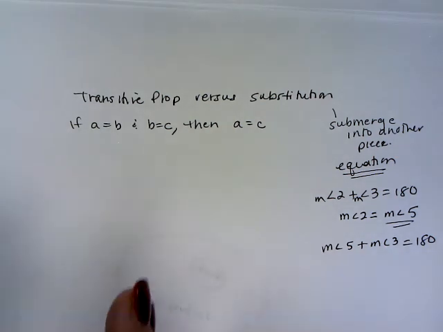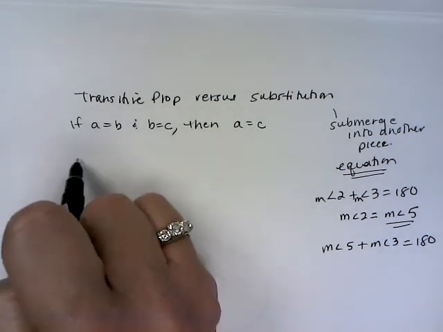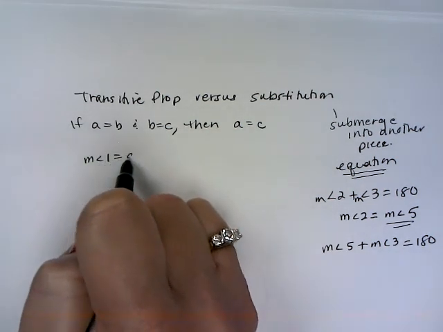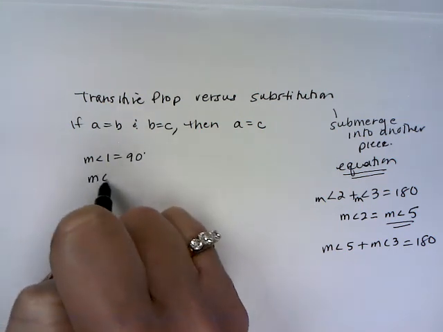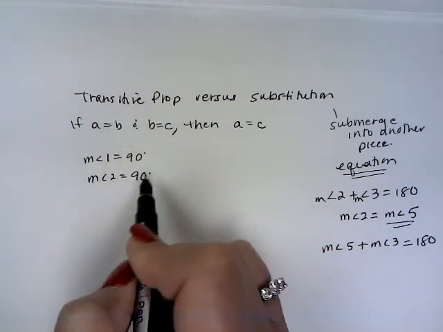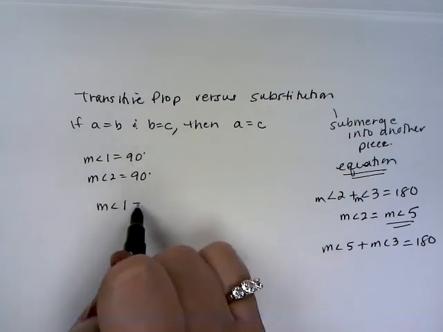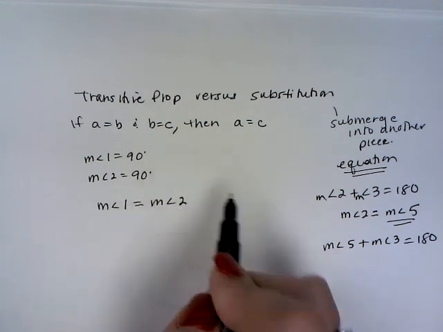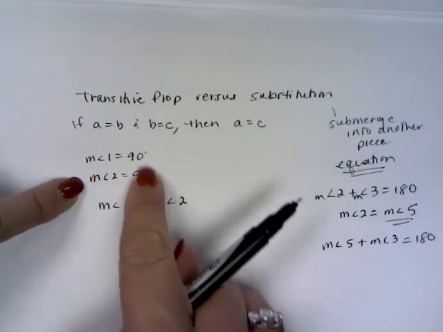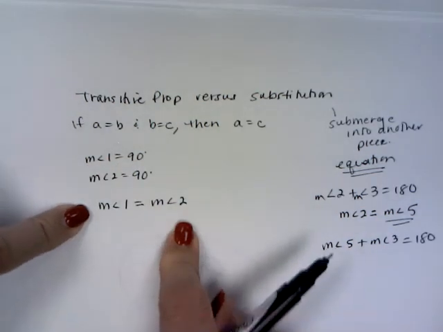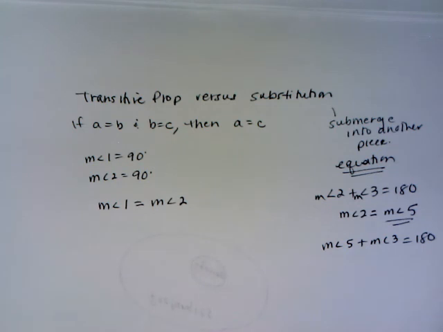For the transitive property, it looks more like if the measure of angle 1 equals 90 degrees and the measure of angle 2 equals 90 degrees, they're both equaling the same thing, so now the measure of angle 1 equals the measure of angle 2. If A equals B, B equals C, then these two can go together. It's just worded backwards.